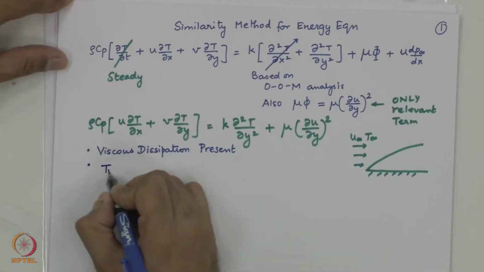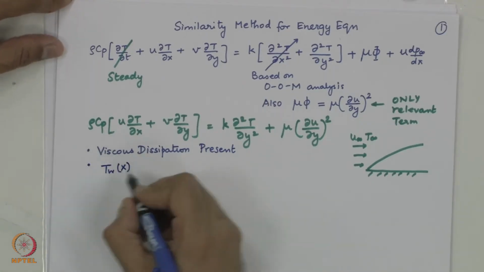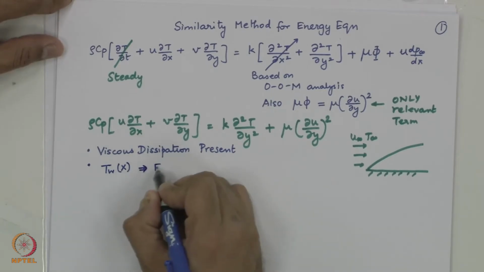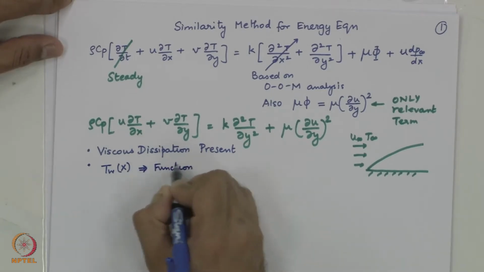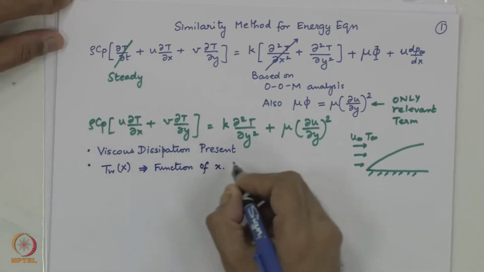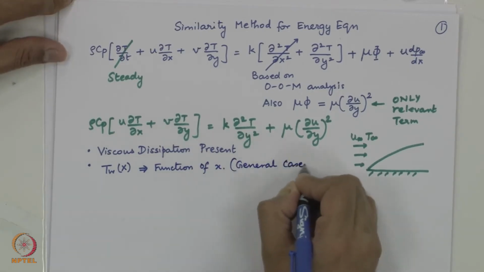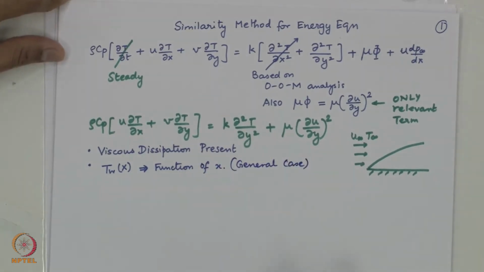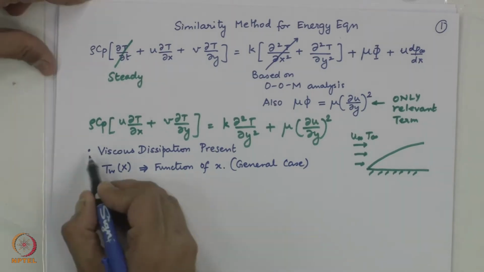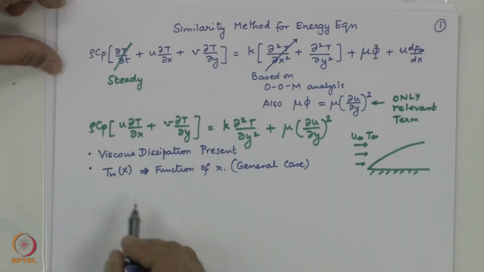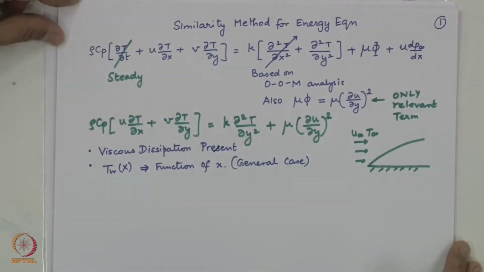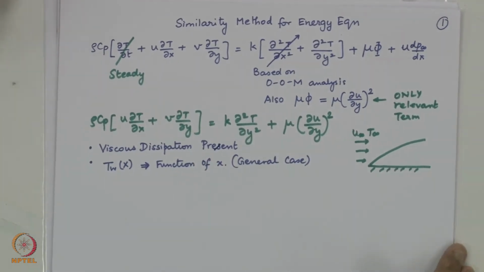Tw of x is now a function of x. So this is a general case. This can be made to a case where Tw is only a constant. So we are talking of both these general cases, where viscous dissipation is present and where the wall temperature is going to be a function of x.